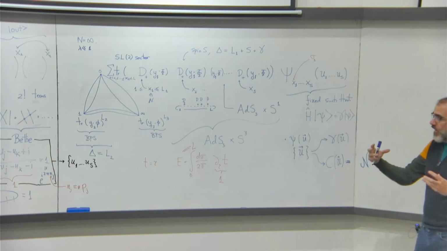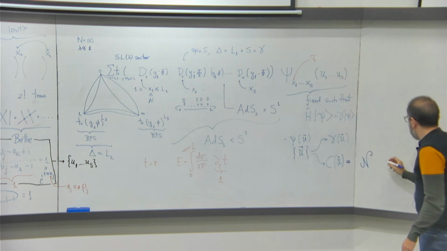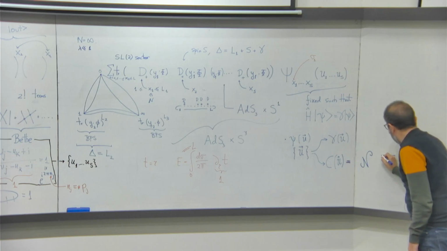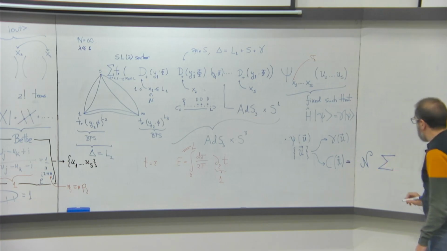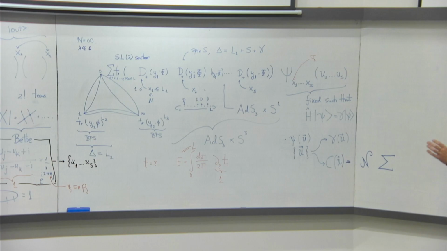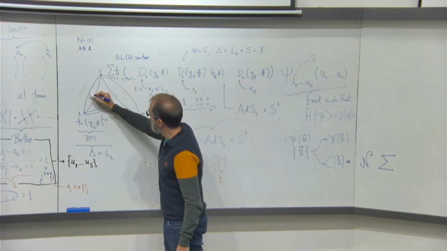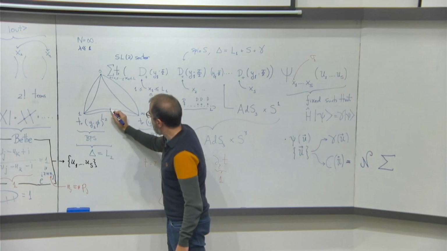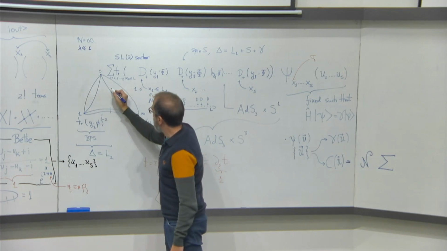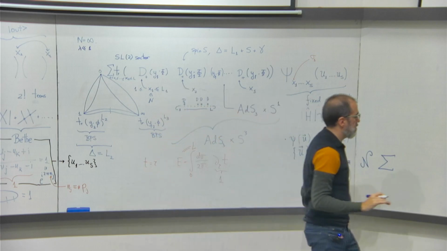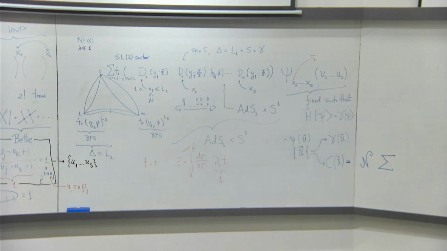But the interesting part, the genuine interaction part, takes the following form. It's a sum. This is, again, just the result of doing combinatorics. You just take this wave function and you connect with propagators here. This part is boring, so nothing happens here. And the interesting part is what happens in these propagators up here. So you just do this combinatorics, and the result is the following, it turns out.